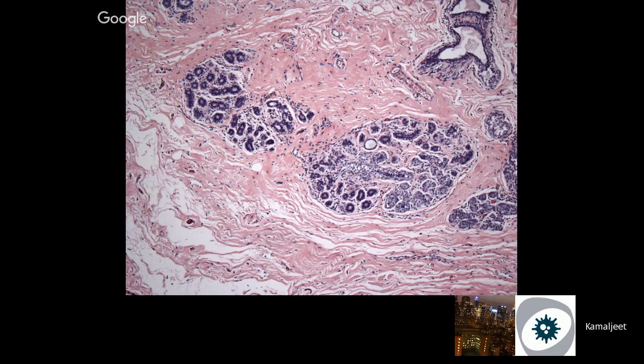It looks discohesive, almost like a fried egg. Why is it ALH? It's partially involving a lobule. There are three things: partial involvement of a lobule, the lobule is not distended as compared to the adjacent benign lobule, and you can still see the lumina of the involved lobule. Then you're looking at ALH.